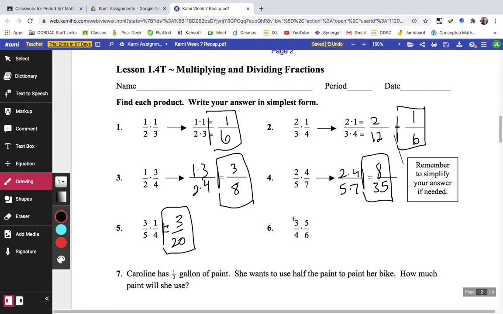We can recognize that 3 goes into 3 once, 3 goes into 6 twice. So 1 times 5 is 5, 4 times 2 is 8. So the product of 3/4 times 5/6 is 5/8.